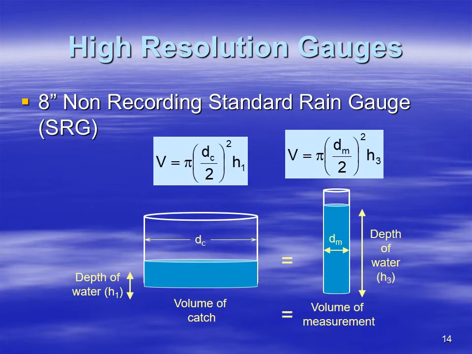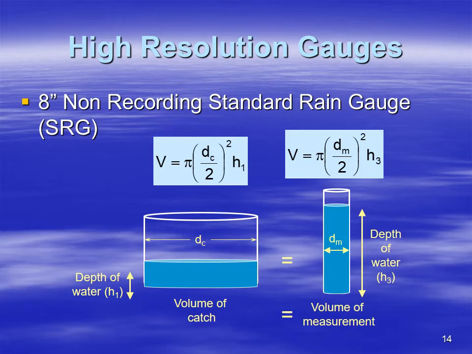The amount of water in the catch area, if you used a ruler, would tell you how much precipitation fell. But the resolution is not very good. It's really hard to measure to the nearest 100th of an inch. So we amplify that with a funnel, and that same volume of water in a smaller diameter container will actually rise higher.